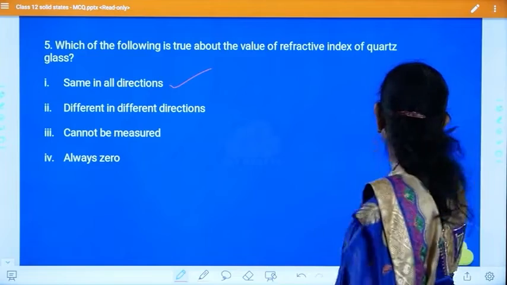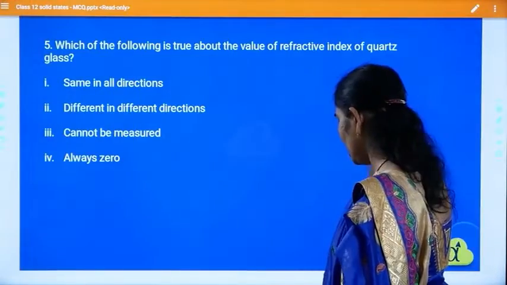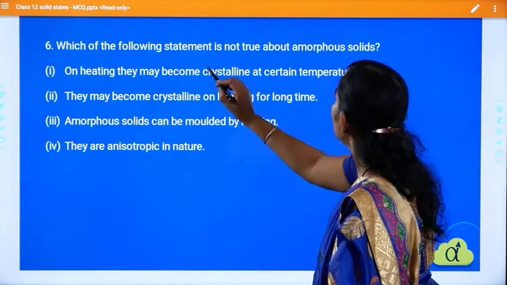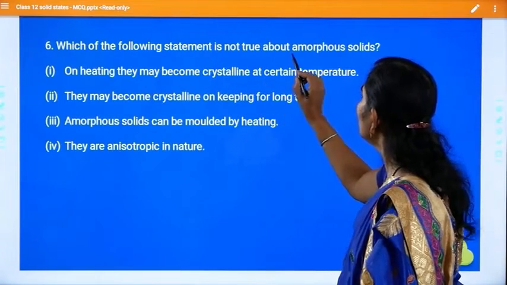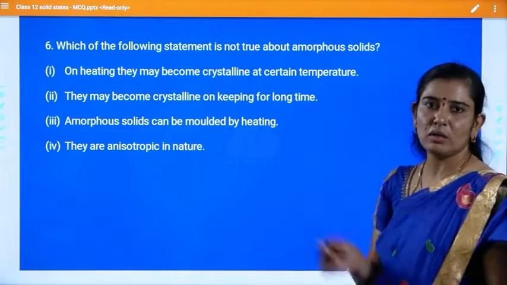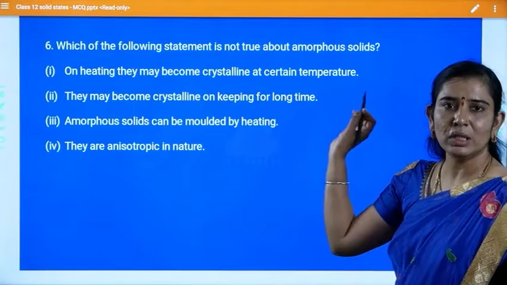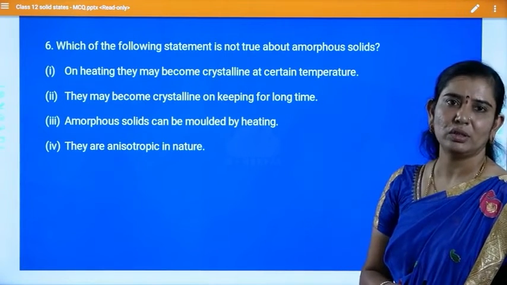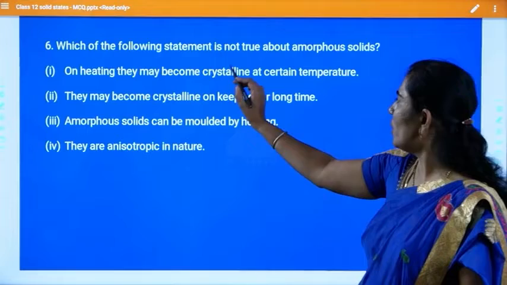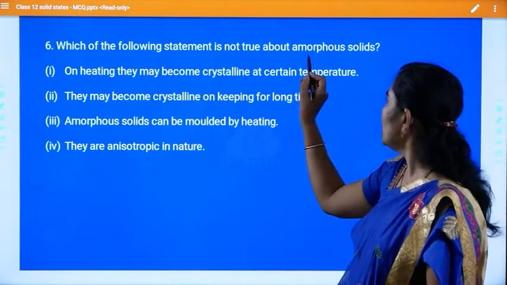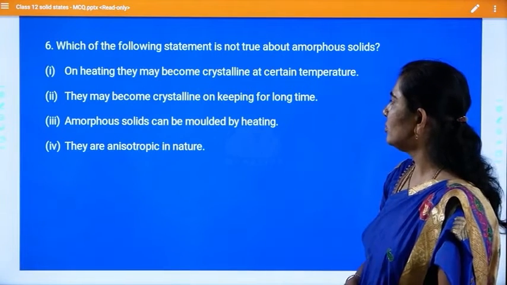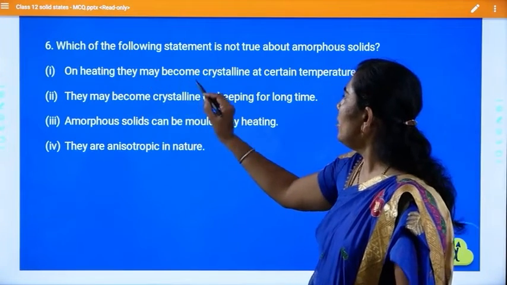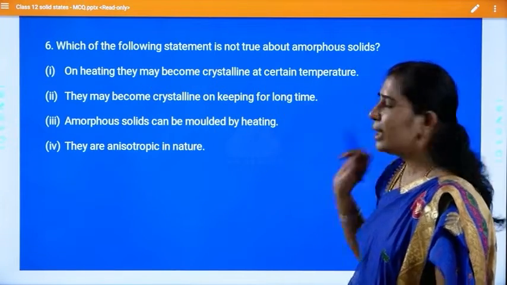Okay, fine. I am going to take up the next question now. Which of the following statements is not true about amorphous solids? Now I am discussing the 6th MCQ. These are all very, very important questions, students. On heating they may become crystalline at a certain temperature.